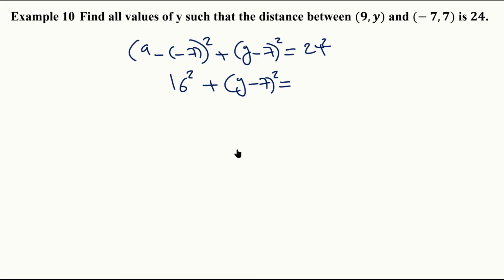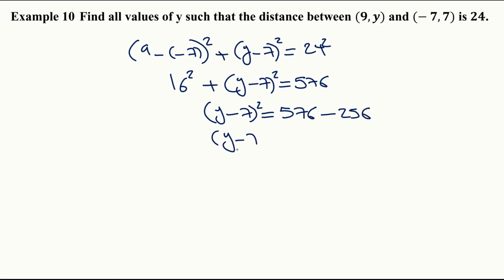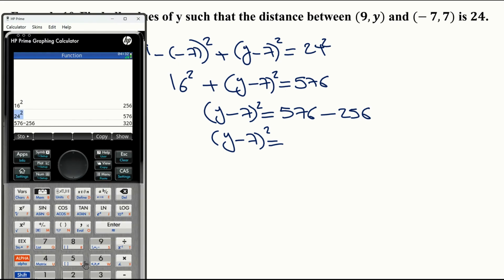All right, so now we have quantity (y minus 7) squared equals 576 minus 16 squared, which is 256. So we get quantity (y minus 7) squared equals, I was looking at those numbers earlier, let me see if I have that. Yeah, so that's 320.